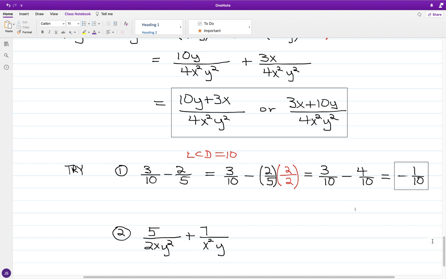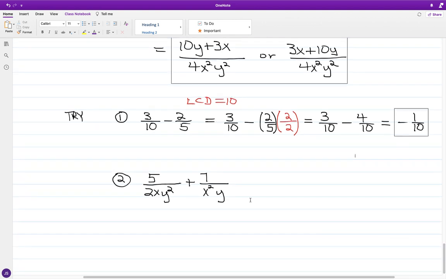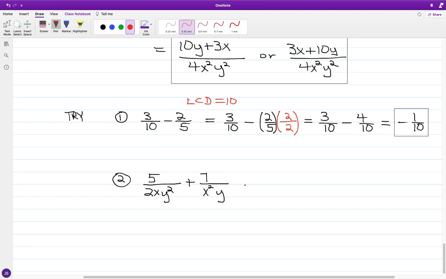Now for the sum of the next set of fractions, to be able to add them together, we need a common denominator. For the least common denominator, we have 2, and for x and x squared, we have x to the second, and in y we have y to the second.